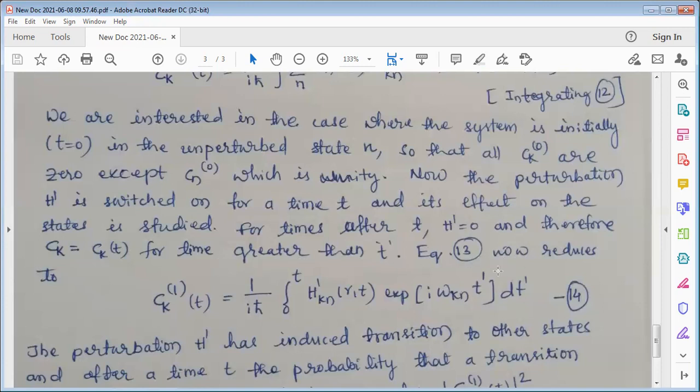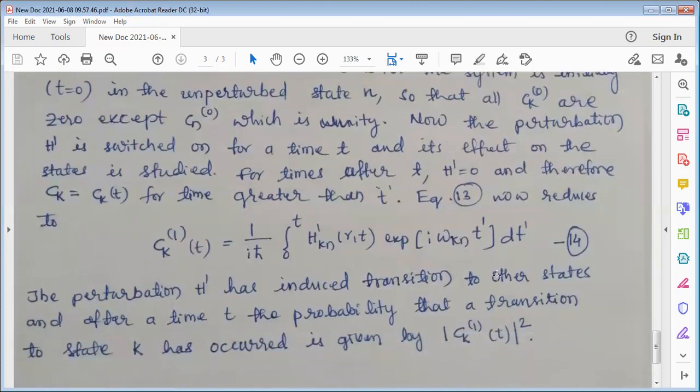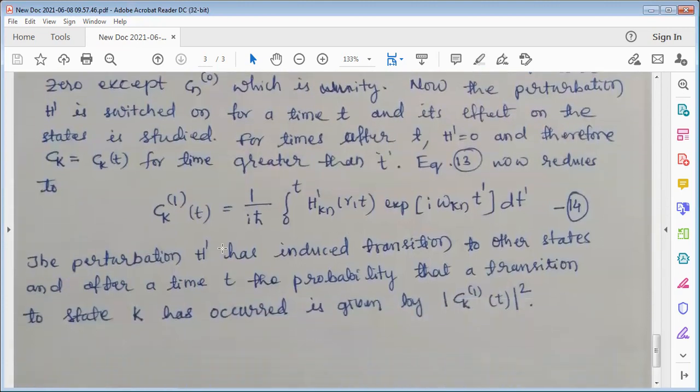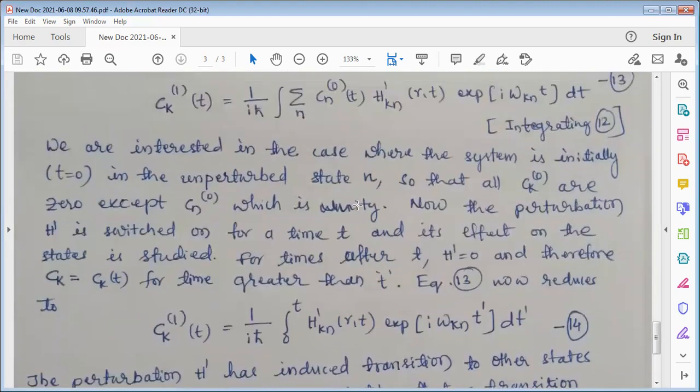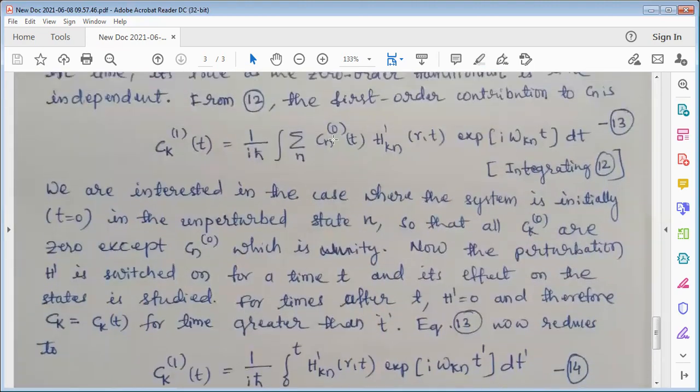And now equation 13 becomes like this: ck1 of t is equal to 1 by ih cross integral 0 to t of H dash k. What I did in equation 13 is that the summation over n cn raised to 0 of t was there; that is set to unity, because for the initial state of the system this is 1.